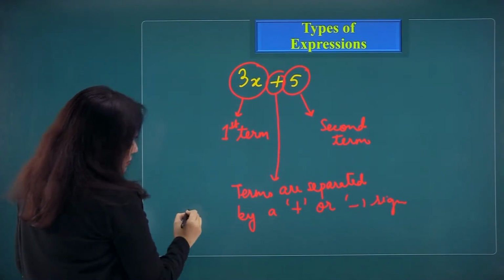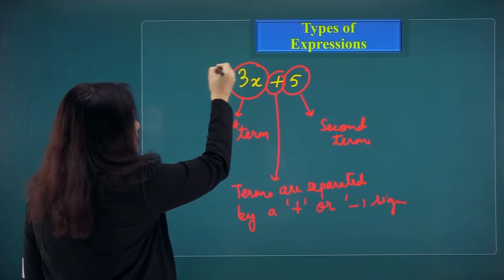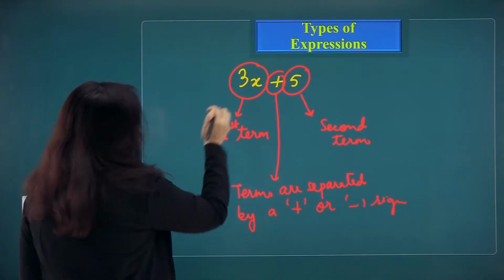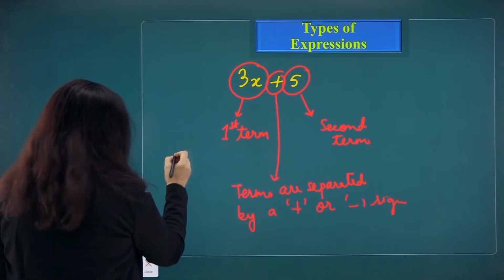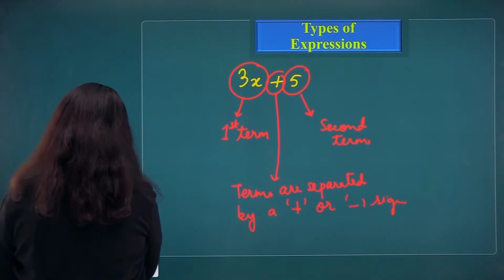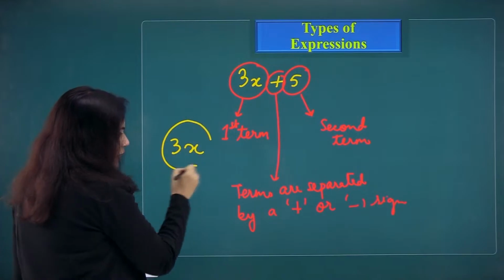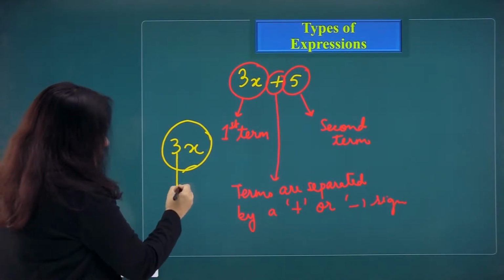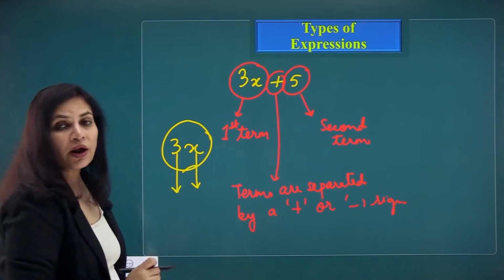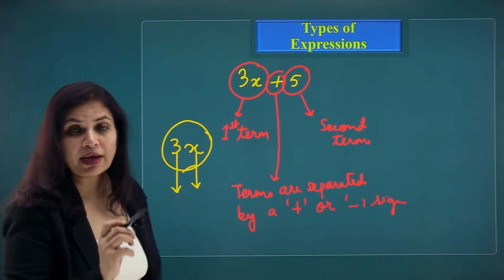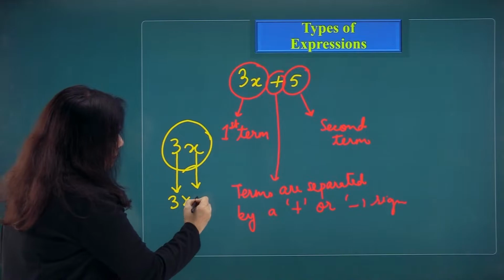In 3x, this 3 and x are not separate terms, because we do not have a plus or a minus sign between them. 3x is nothing but 3 multiplied by x.